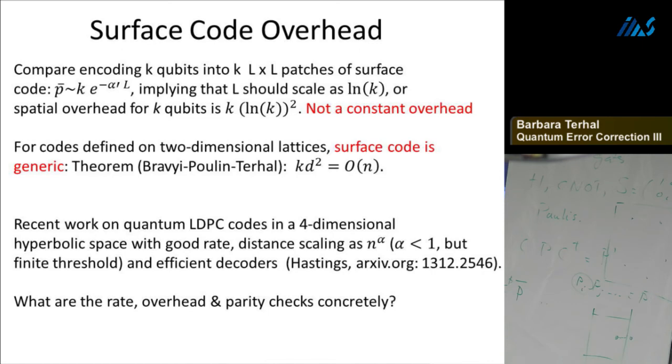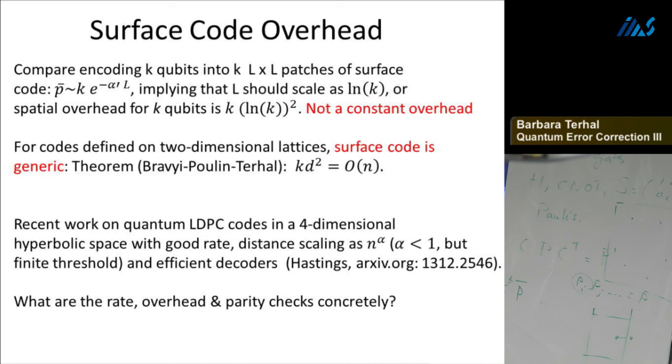So the overhead we saw before was something like, for general computation, we originally have a circuit with n gates or n locations, and using the fault-tolerant circuit would have n times log n to some power locations. What does this look like for the surface code, just for quantum memory, no gates?